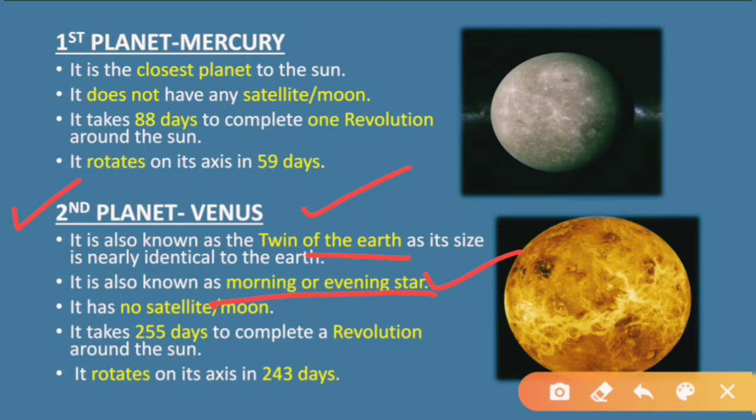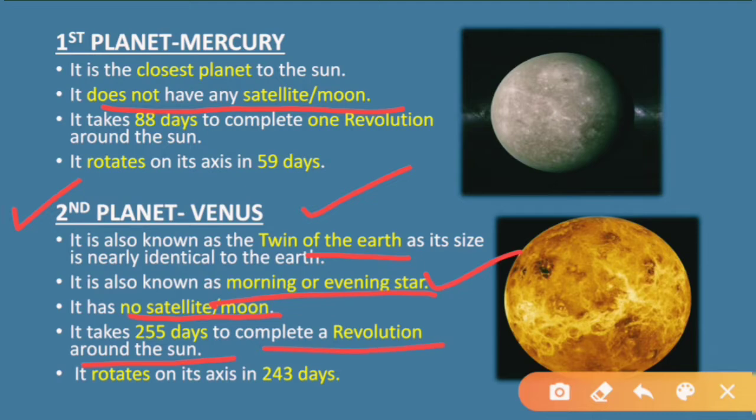Now, the next point, it has no satellite or moon. Venus also does not have its own satellite or moon, as Mercury also didn't have any satellite or moon. Coming to the next point, it takes 255 days to complete a revolution around the sun.